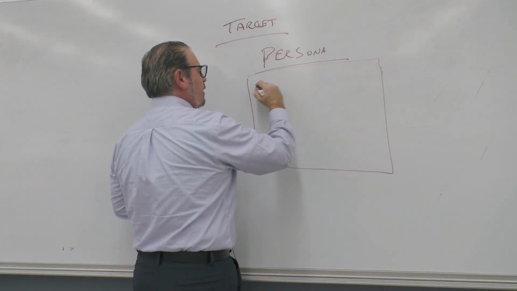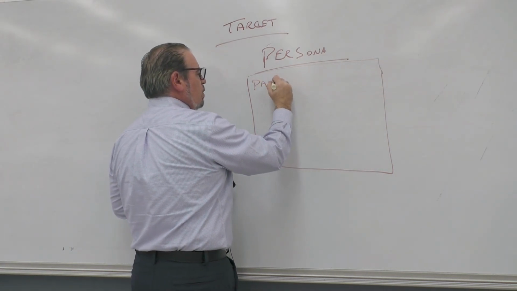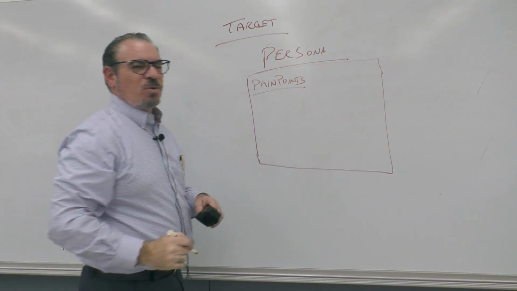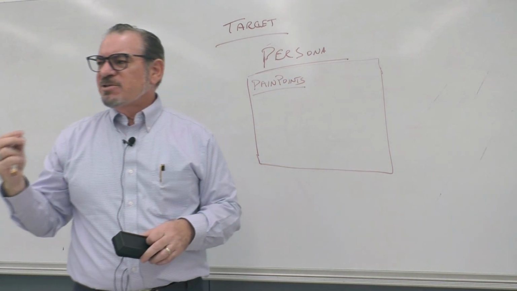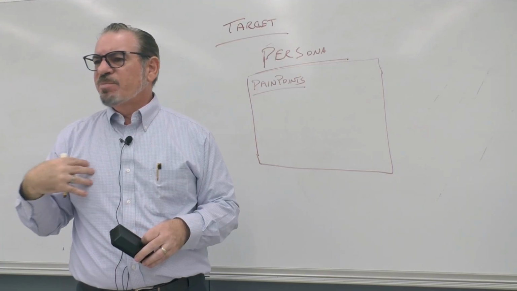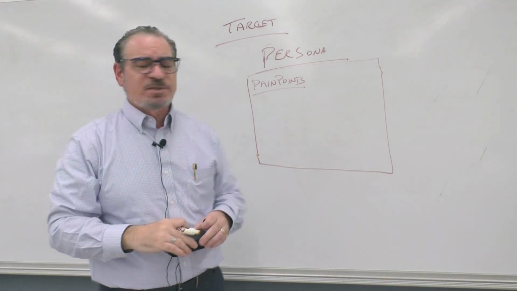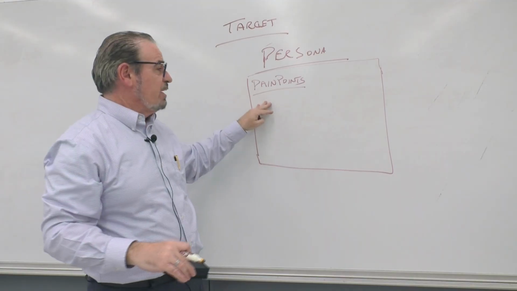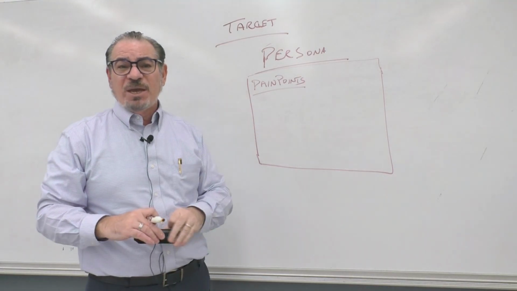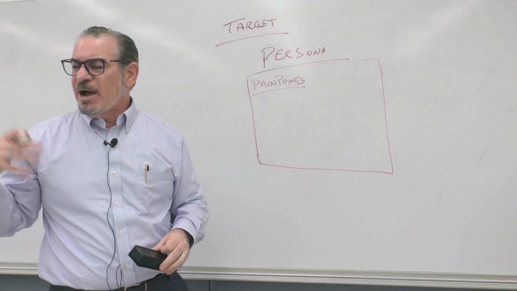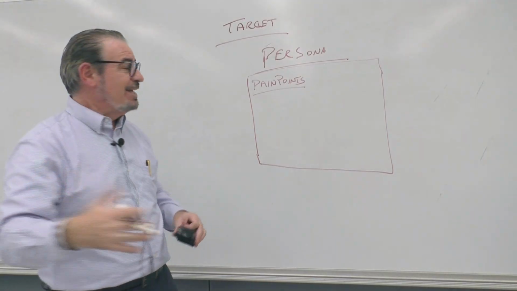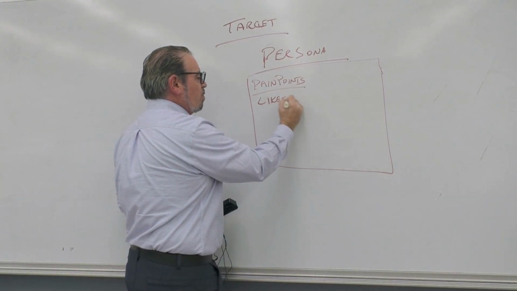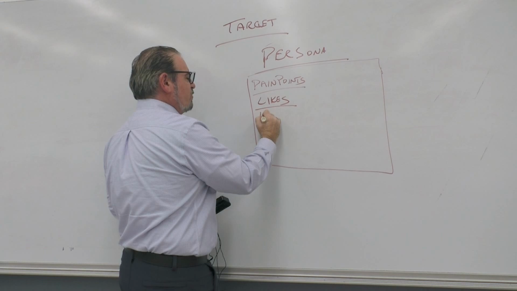Where we want to look at pain points. So remember we asked ourselves, why would this person buy the product? Why would they buy our service? Because they're in pain, they have a need to be filled, they're looking for something here. So we want to look at some pain points. How am I going to help solve their pain? How am I going to ease their pain? We want to look at their likes and maybe their interest.